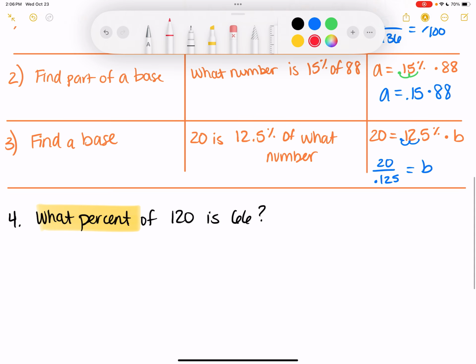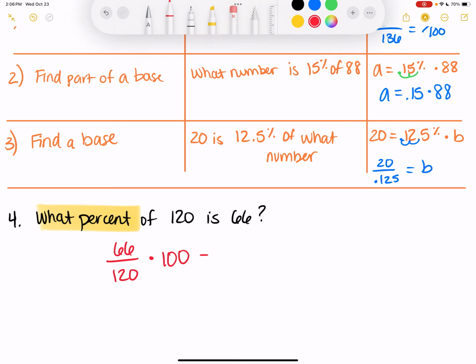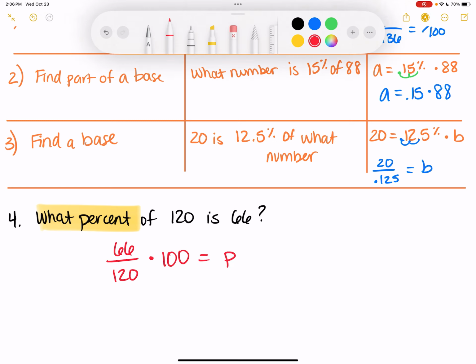What percent of 120 is 66? So that would be 66 divided by 120. I would go ahead and multiply it by 100 because I know I'm trying to find a percent. Anytime we're trying to find a percent, I need to multiply by 100. And that's going to be equal to P.